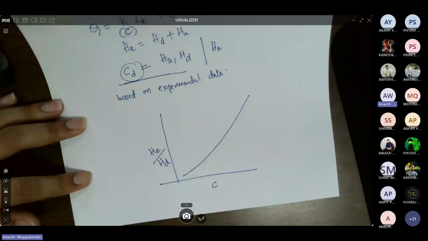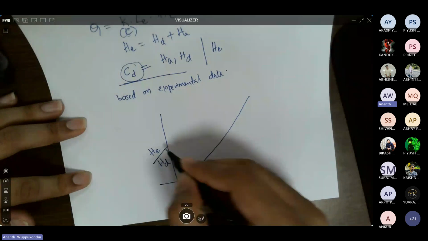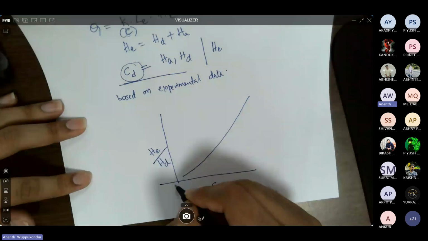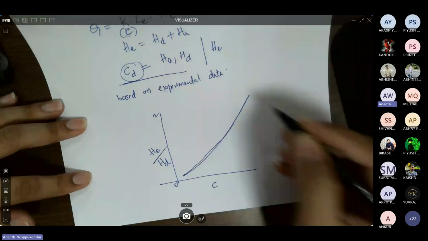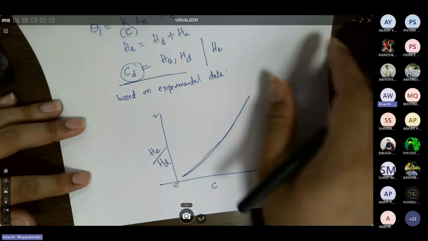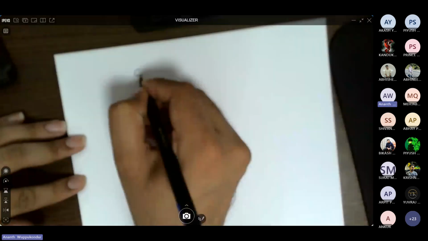So if your total head to HD ratio is increasing from, let's say, 0 up to 2, then your coefficient of discharge is also increasing. And for this question, let's say we take CD equals 2.2.